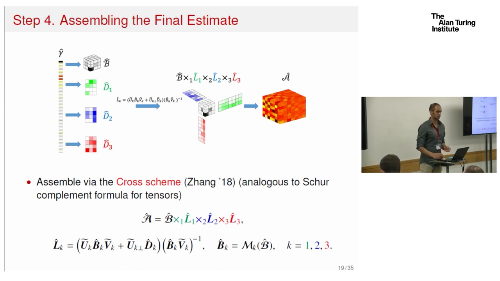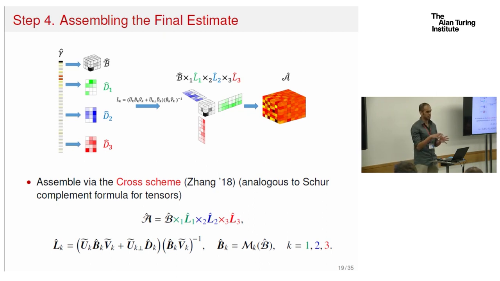Okay, and then we've projected things down to a low dimension with this gamma hat, which is now much lower dimensional than the original tensor. And so we have to project back out to the full 3D tensor. The way we do that is there was a scheme developed by my co-author Anru, for tensor completion, where you can think of this as an analog of a higher order Schur complement formula.